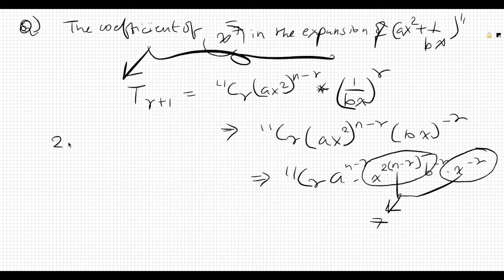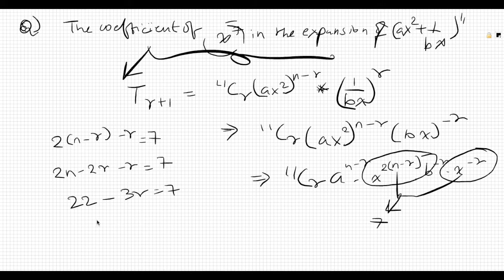So 2 of n minus r minus r should be equal to 7. 2n minus 2r minus r should be 7, and n in our case is 11, so 22 minus 3r should be 7. 22 minus 7 is 15, so 15 is equal to 3r, and r is 5.